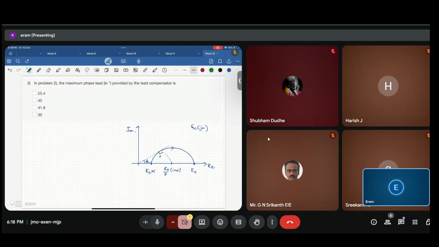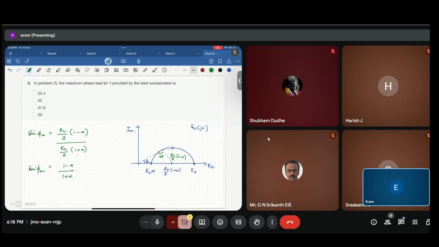Now this will be 90 degrees, and this radius we know that it will have a radius of Kc by 2 (1 minus alpha). Okay, now what will be sine phi m? It will be Kc by 2 (1 minus alpha) divided by Kc by 2 (1 plus alpha), which will give you (1 minus alpha) divided by (1 plus alpha).